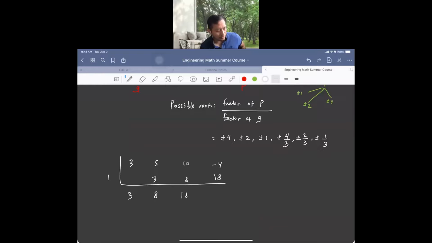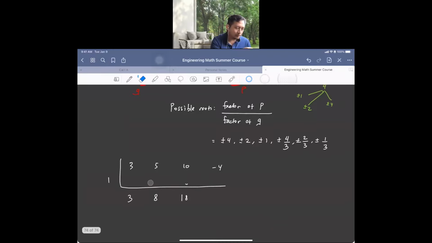So that's not our root. And by doing this, we kind of see that when we have positive numbers here, the number is not really going to be equaling the last part, right? So probably take the negative one. This is my tip.